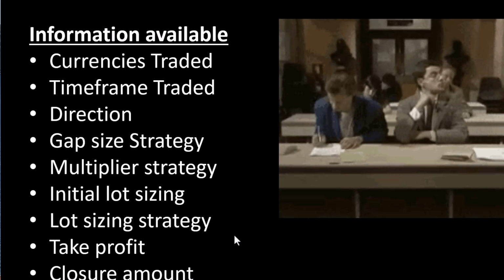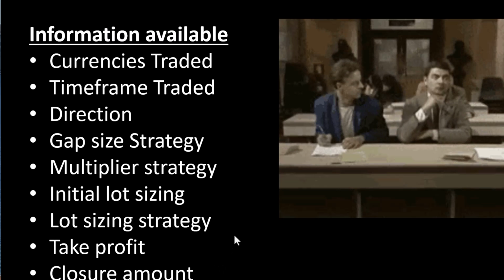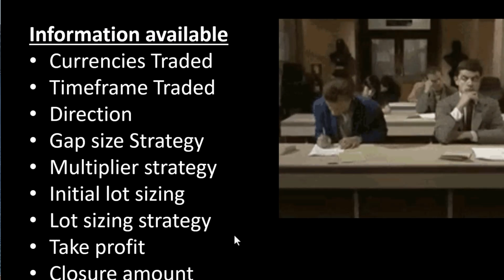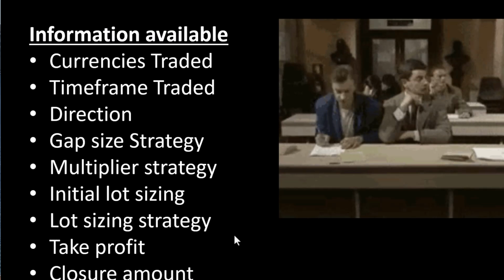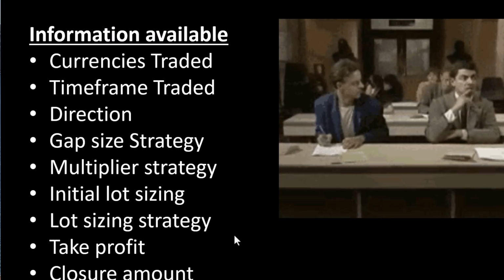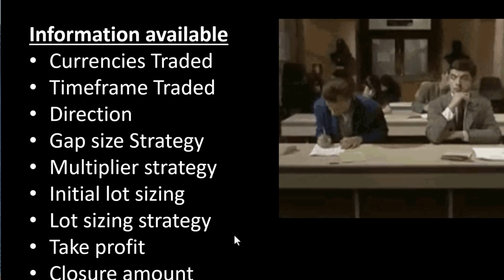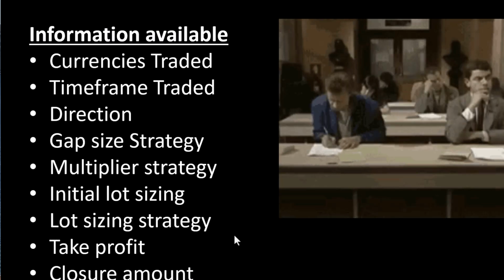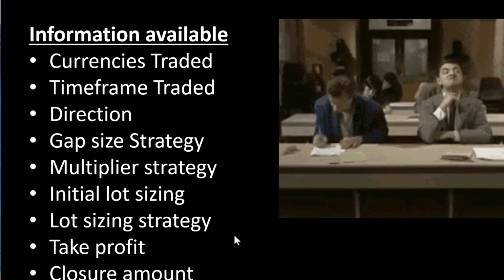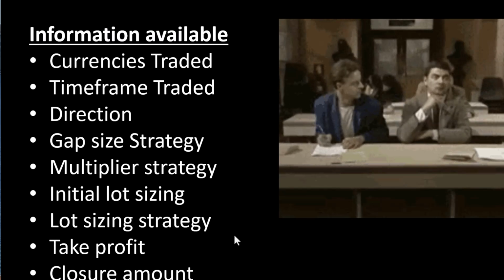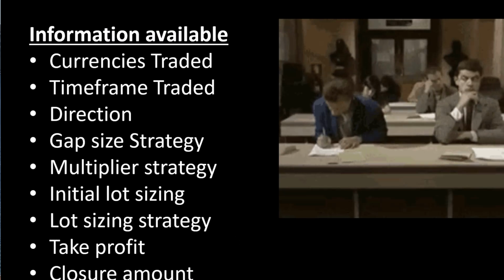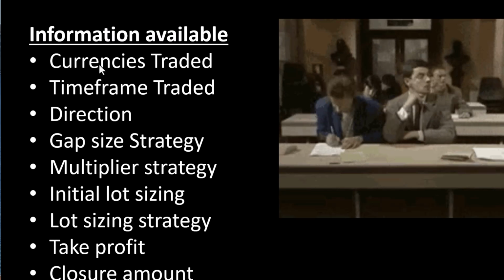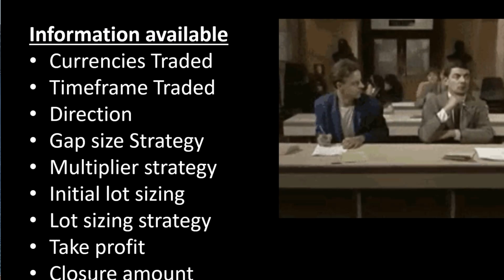Now those are the key and most important settings to get right. Once you've got that 90%, you can then say, okay, I'm going to use these settings for my prop trading, but you need to then still do a bit of testing to make sure that these agree with your particular prop trading account. So let me show you how you find these particular items.